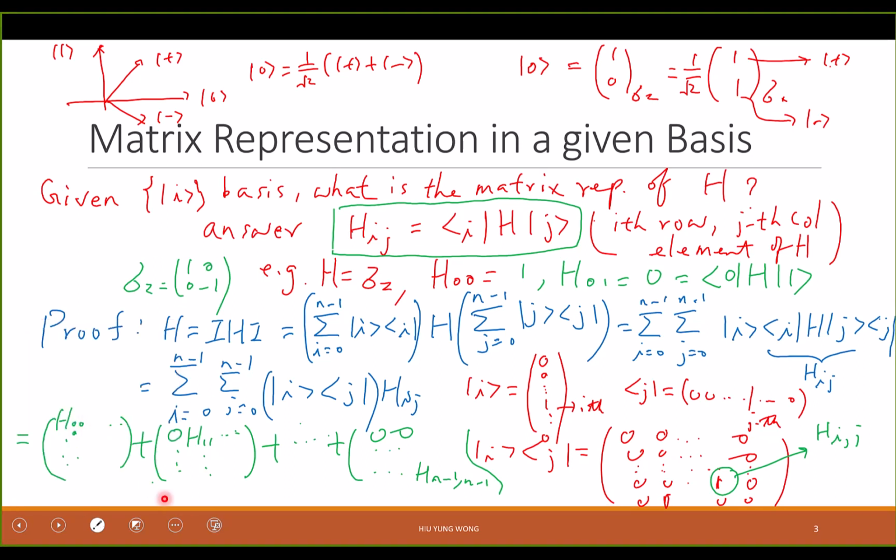What I'm trying to say is that H equals the sum of the matrices where each element is given by <i|H|j>. If I want to represent H in this basis, each of the elements is given by <i|H|j>.